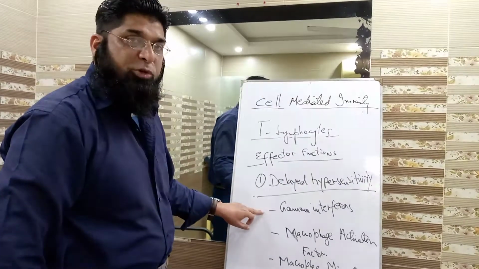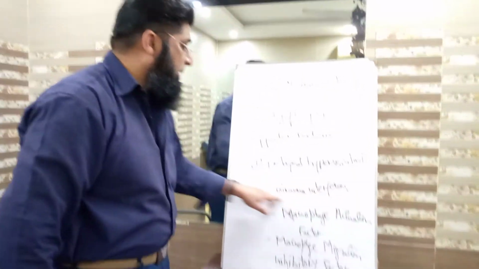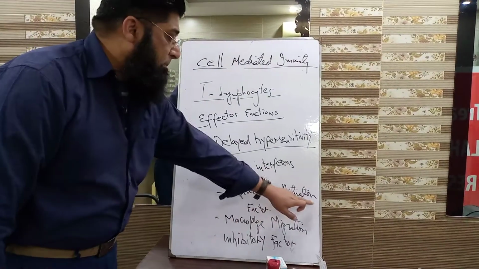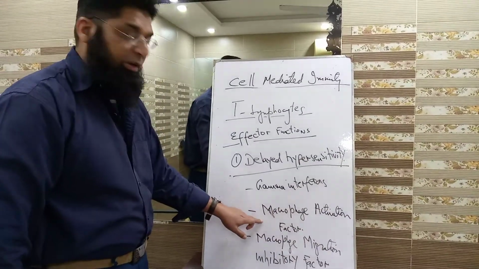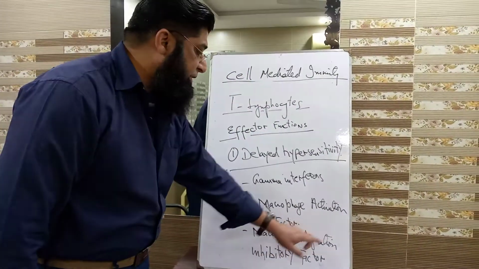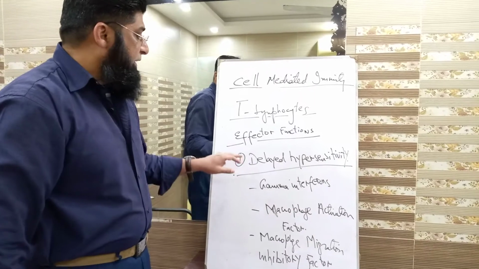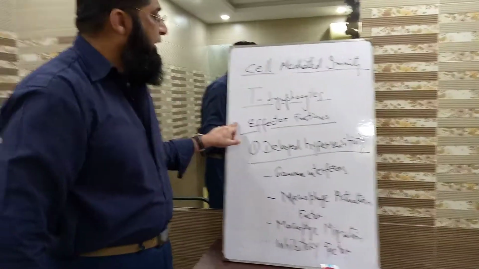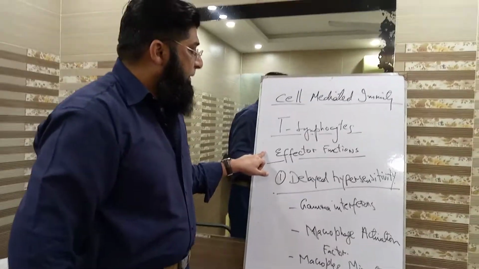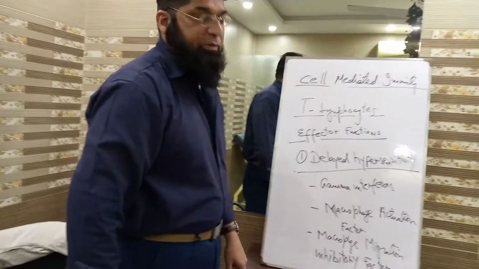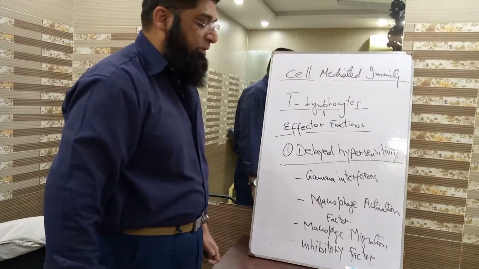It mainly involves them through production of gamma interferons, macrophage activation factors, and macrophage migration inhibitory factors. This is the effector function of T lymphocytes, delayed hypersensitivity.